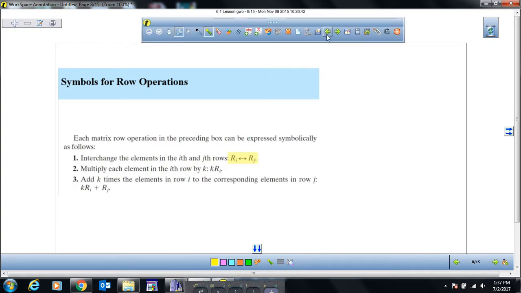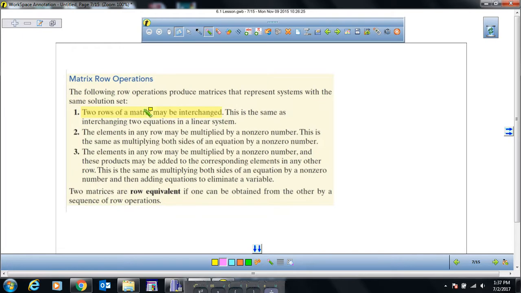Next, let's go back. The second operation that you're allowed to do in the matrices is that the elements in any row can be multiplied by a number. When I say the elements of a row can be multiplied by a number, it means you're basically multiplying both sides of an equation by a number, because remember, a row represents an equation.